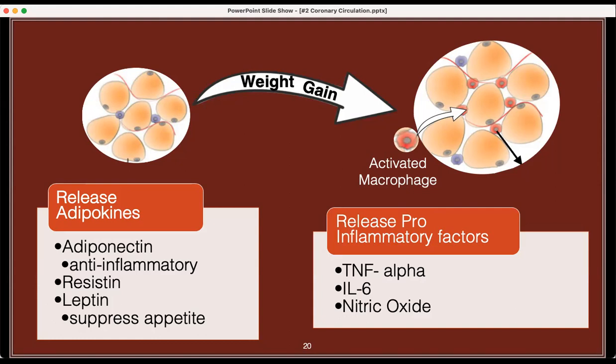So old, dead, dying tissue cells that can't be fed because they've lost their blood supply get activated, and that necrosis starts to release pro-inflammatory factors. TNF alpha, IL-6, and nitric oxide are pro-inflammatory factors, and that causes that cascade of inflammation.